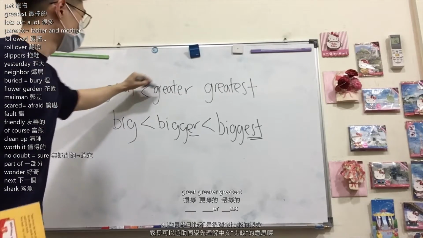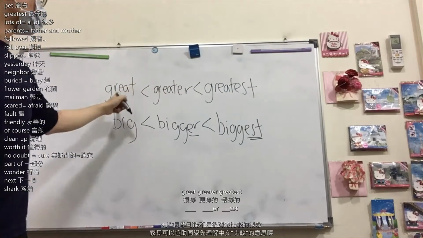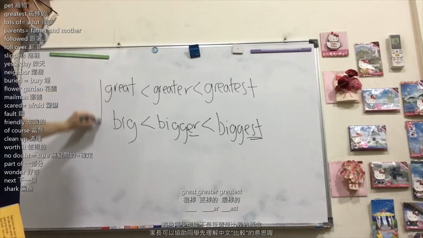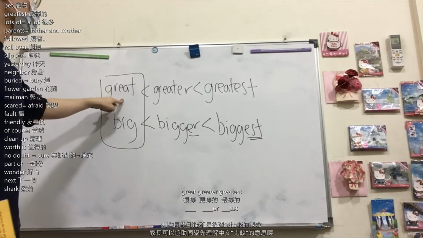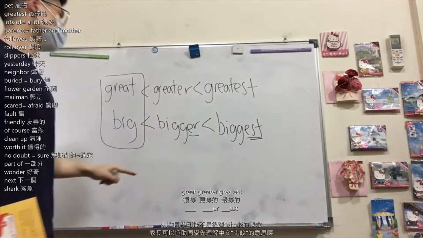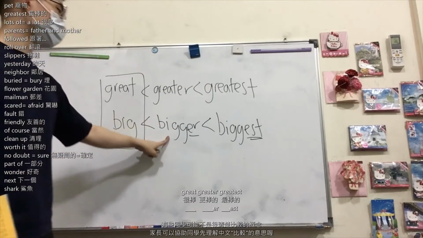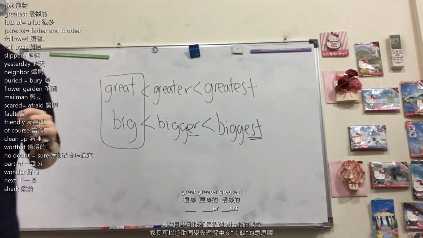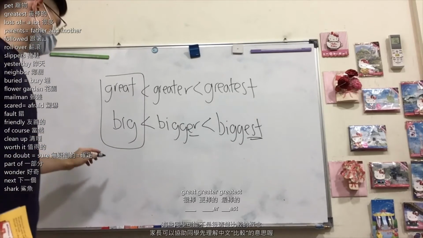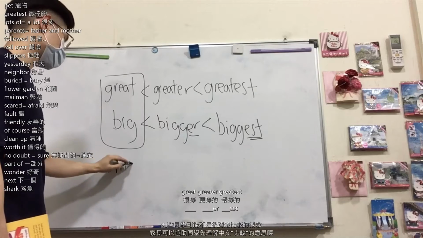Similarly, for our word great, the original word is great, and then we have greater and greatest. Big, bigger, biggest. I'll give you another example. How about the word small?